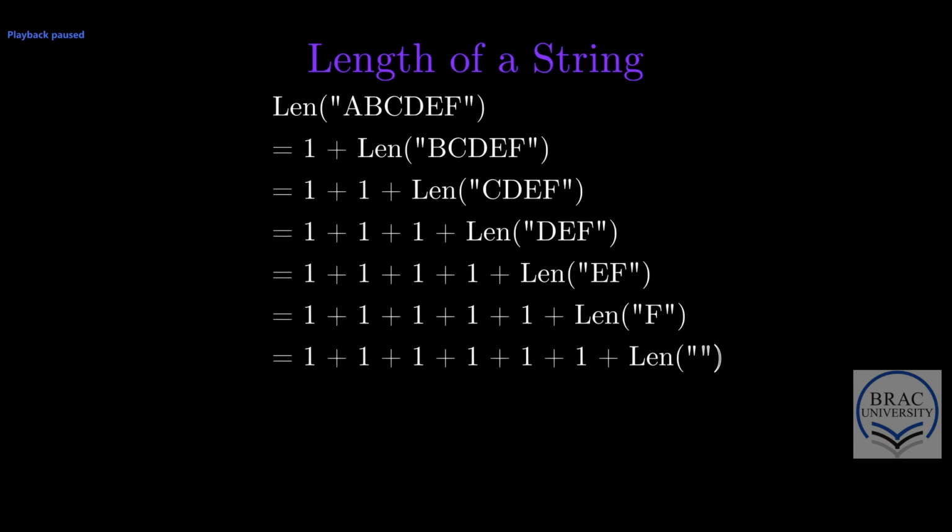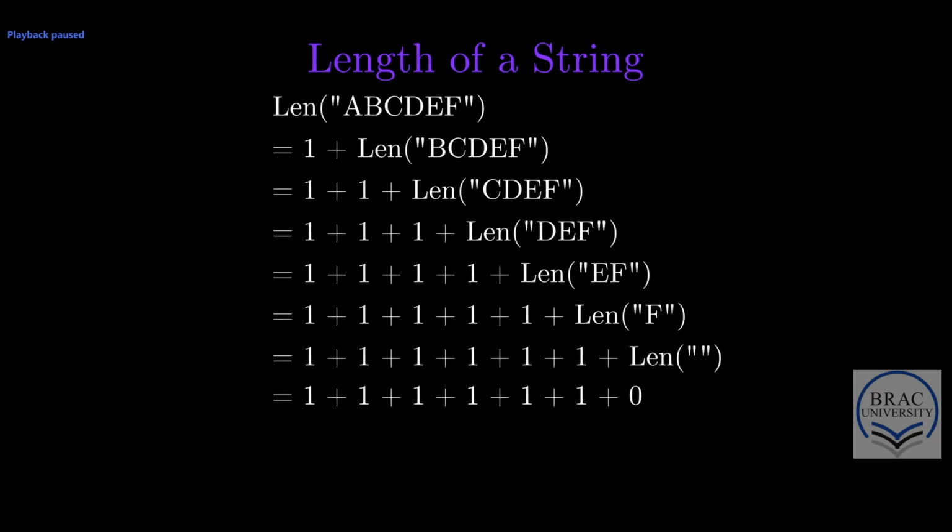Now for the first time we have arrived at an empty string. The first if condition will be true for the first time, and then we will return 0. So here is this recursive function returning 0.